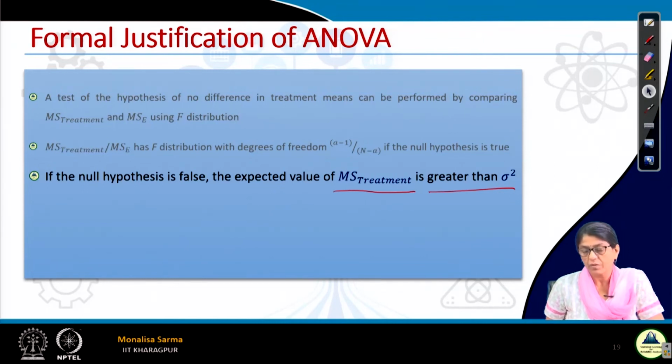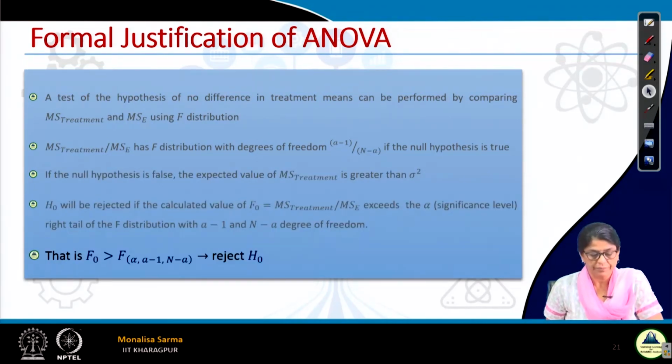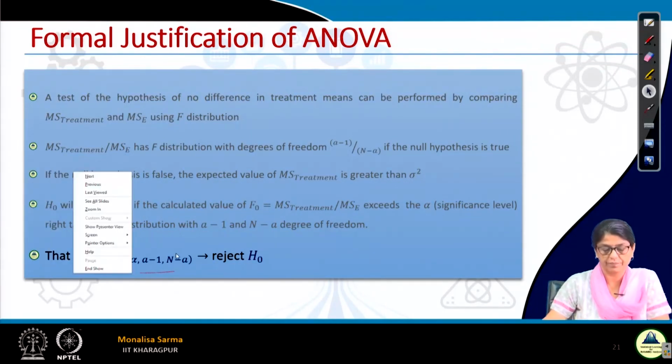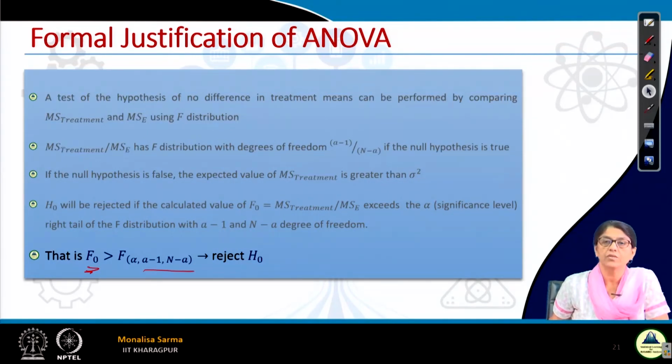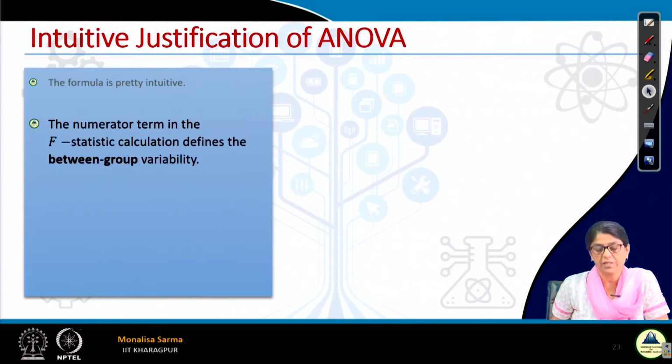So the expected value of MS treatment is greater than sigma square. If the value of F0 that we calculate is greater than F alpha for the degrees of freedom a minus 1 and N minus a, then we reject H0. Mind it, it is a one tail test with significance level alpha. This formula, as I told you, is pretty intuitive.